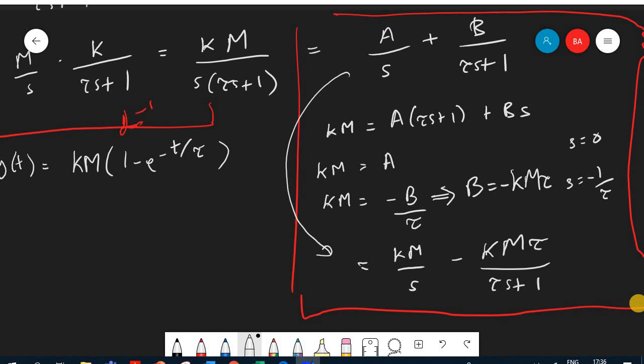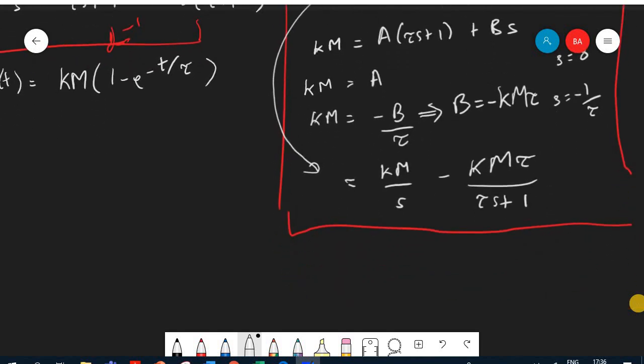This is the equation that I have here. The first part definitely is Km over s, and this one is not yet 1 over s plus a. I can make it 1 over s plus a. How to do this? You just divide by tau, and I'm going to cancel out this tau here.